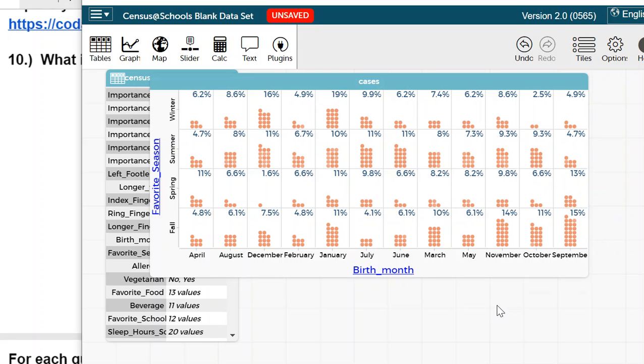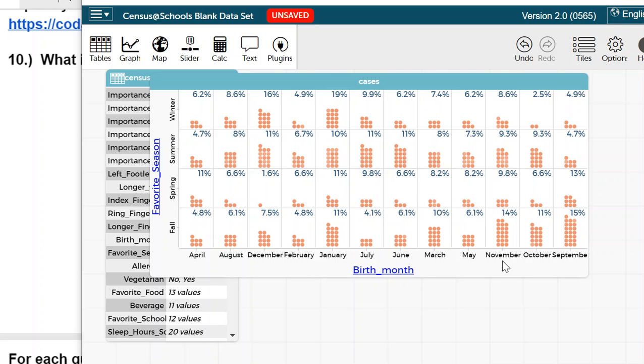Wow. I'm just kind of looking at all of this, trying to figure out where we're going with this. I mean, we remember the fact that January and November were the most popular birth months.